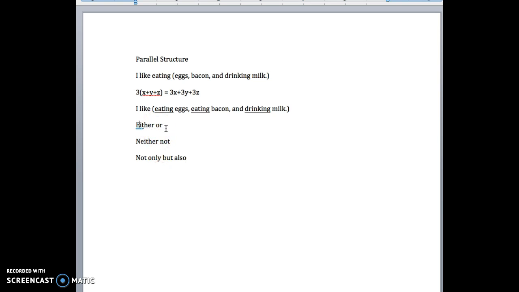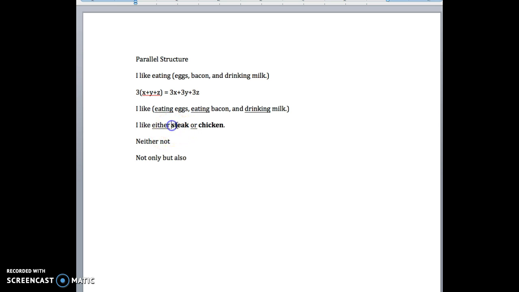And how you do this is like this. I like either steak or chicken. I guess I'm hungry. If we have either and or there, the thing that comes after each of those words must match in terms of parts of speech. This is a thing, this is a thing.